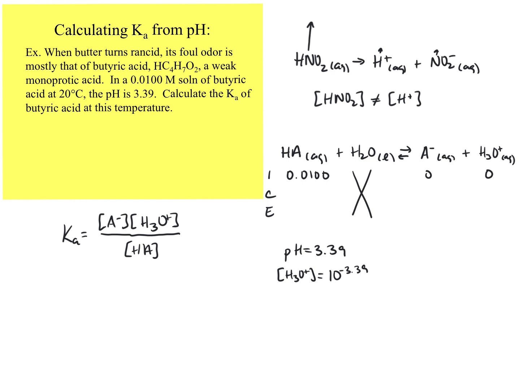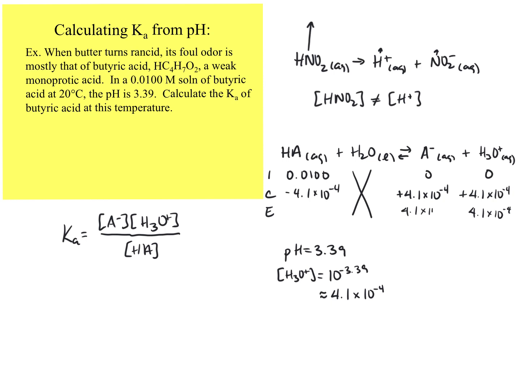That would give you an H3O plus of approximately 4.1 times 10 to the negative 4th power. So that's the H3O plus concentration, and it increased by a factor of 4.1 times 10 to the negative 4. Because of the 1-to-1 ratio, this is the same thing, and then also minus 4.1 times 10 to the negative 4.